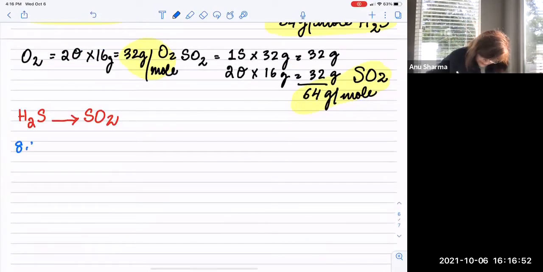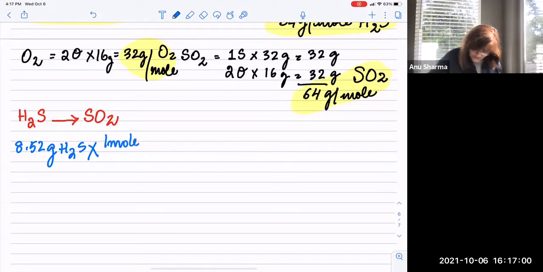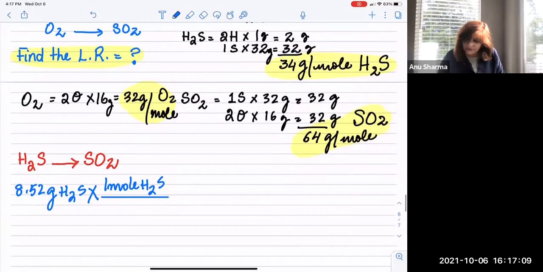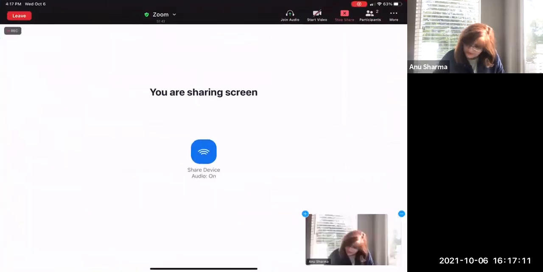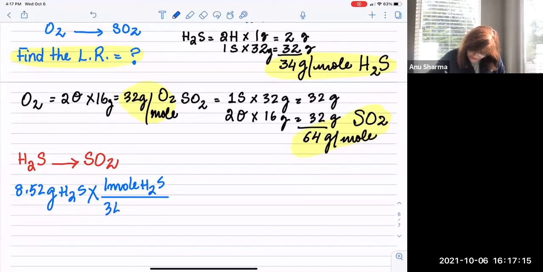So write down 8.52 grams of H2S and convert that to moles: times 1 mole of H2S divided by the molar mass, which is 34 grams of H2S.